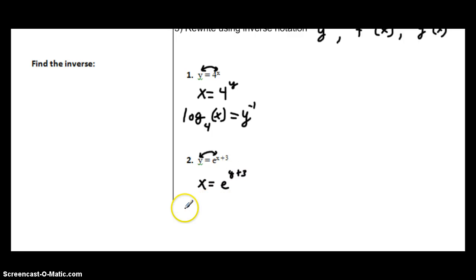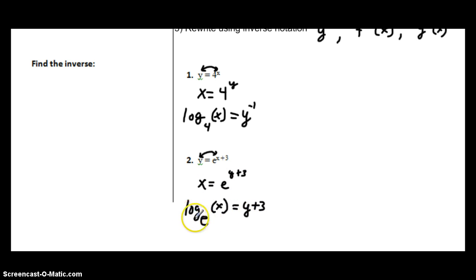So our first step for switching to log is write down log. Now write the base, in this case it's base e, and now the x is the of part, and what the equation's equal to is our original exponent, so y plus 3. So again, when you convert from exponential to log, first step is you write down log, then you write the base, then you move this to this side, and the y plus 3 is equal.